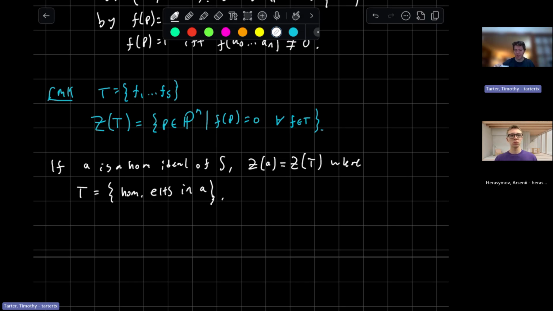And that's what it means to look at the variety of an ideal, or the algebraic set of an ideal.